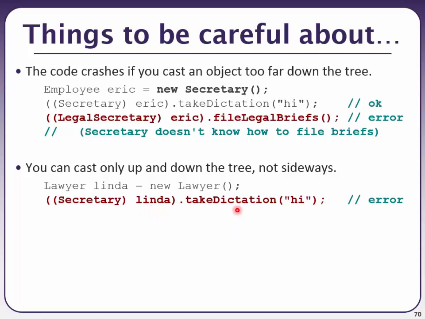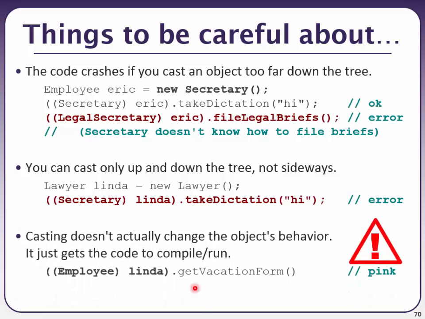And then I try to call a method that is, you know, particular to the secretary class. That's not going to work. Okay, there's no way to magically convert an object of class lawyer to an object of class secretary. It's just not going to work. Okay, so you can convert up and down the inheritance tree, but not sideways, like two classes that are subclasses of the same superclass, or sibling classes, if you want to call them. You cannot convert from one to another this way.